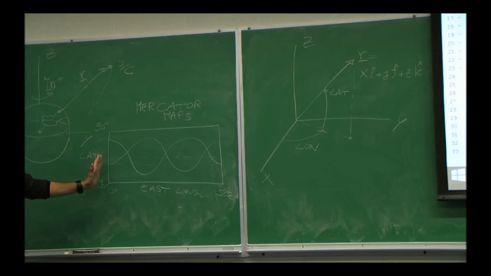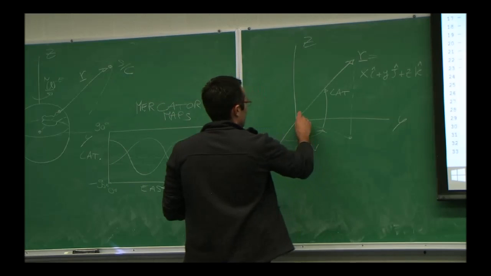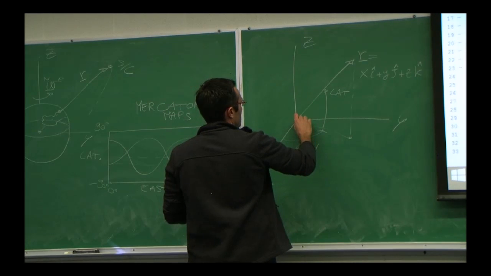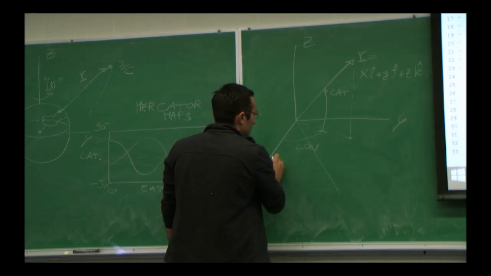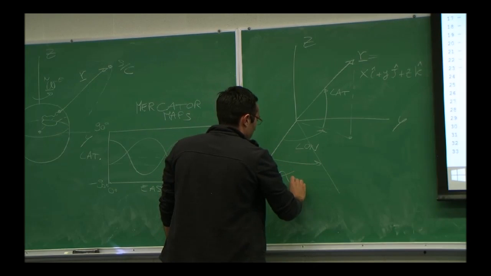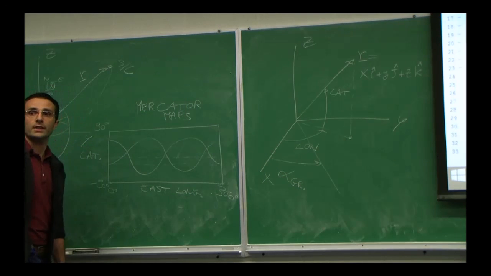So I need to know basically where the 0 is at all times. I need to know where the planet is. In other words, if the meridian of Greenwich is at this particular longitude at that time, I need to subtract this. I need to subtract this alpha Greenwich, right? Correct?